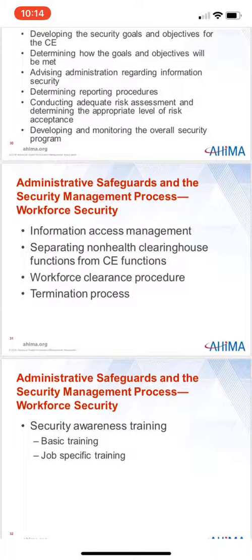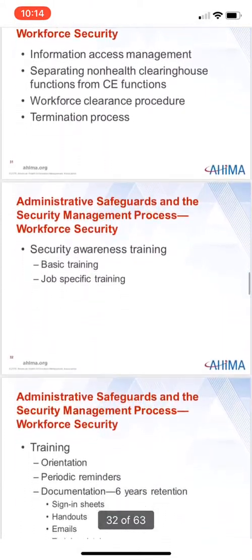HIPAA does not mandate the format that the training takes, but a recommendation is to include it in new employee orientation. Face-to-face training classes should be supported with periodic security reminders, which could take many formats, including screensavers, periodic emails, articles or statements in an employee newsletter, and notices posted in public areas.